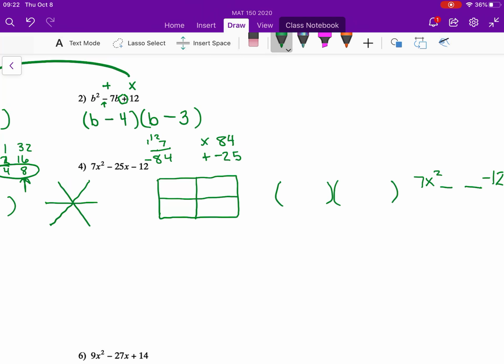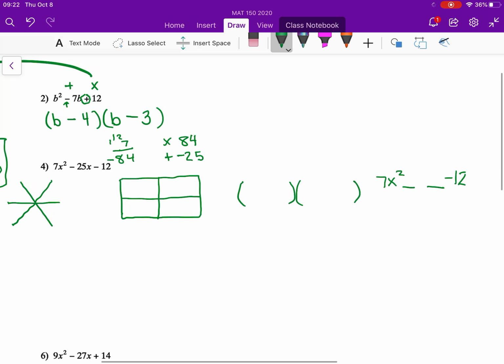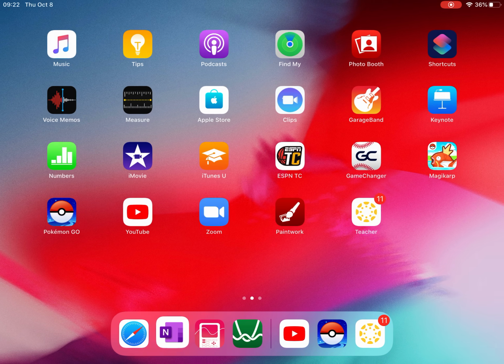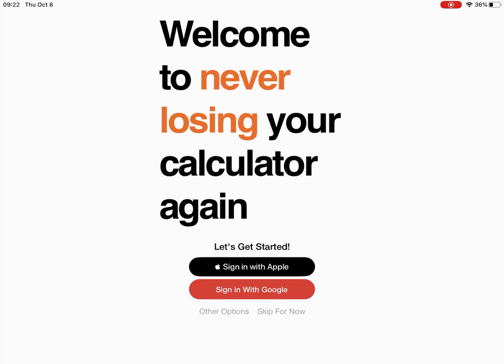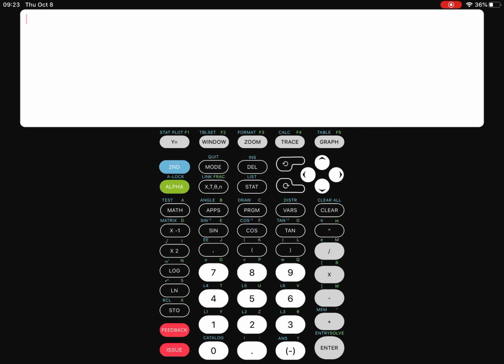Okay. If you are struggling to make your list of factors, so what do I mean by list of factors? This was a list of factors for the previous problem. If you're struggling, you can take your graphing calculator and in the y equals, take your number, so negative 84, and divide it by x.